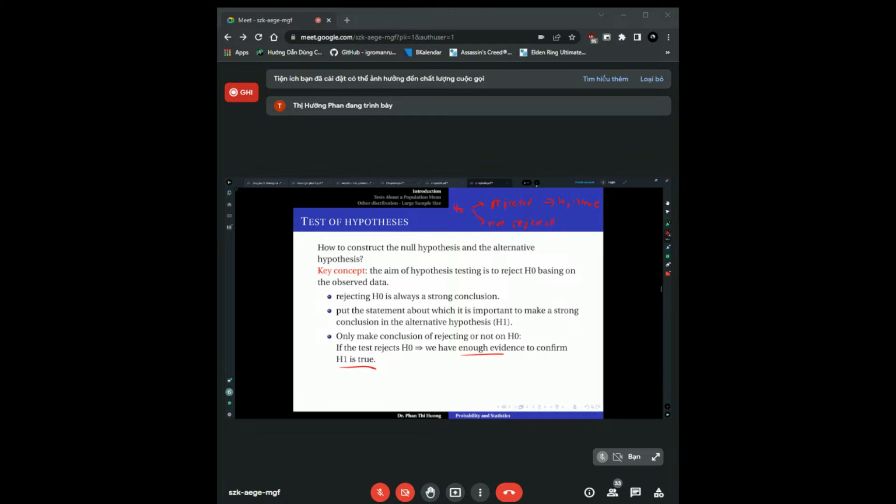If H0 is not rejected, does this mean that H1 is wrong? H0 rejected implies H1 is true, okay. But oppositely, if H0 is not rejected, and someone confirms that H1 is wrong, then no, it's wrong.